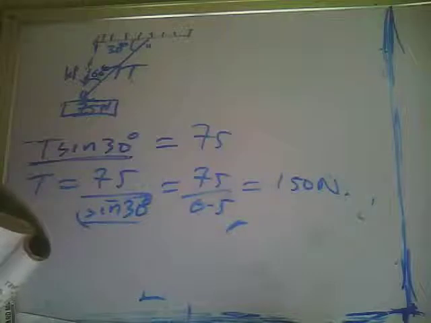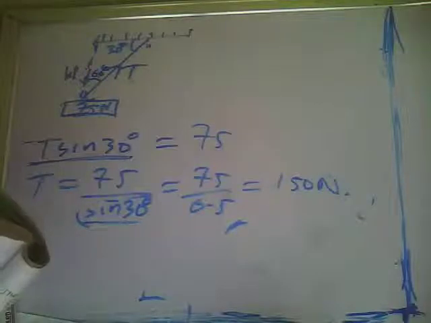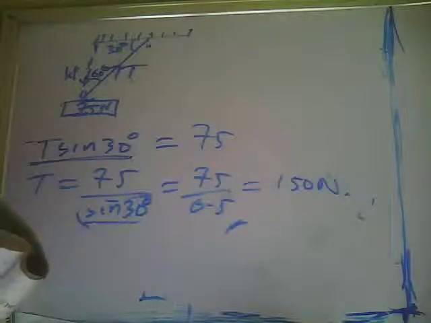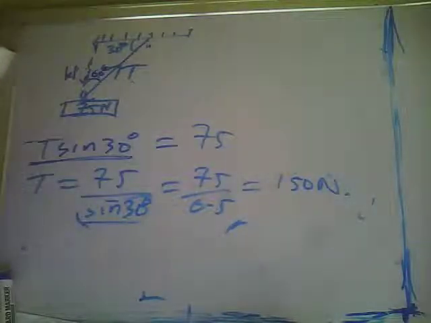D, when x is perpendicular to y. Yes, when x is perpendicular to y, the component of vector x along the direction of y is going to be 0. So the correct option is D, perpendicularity.